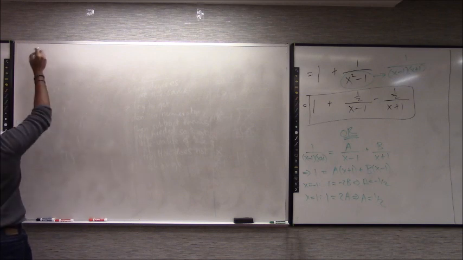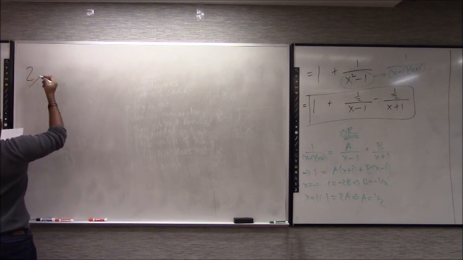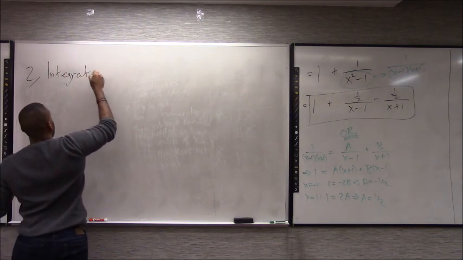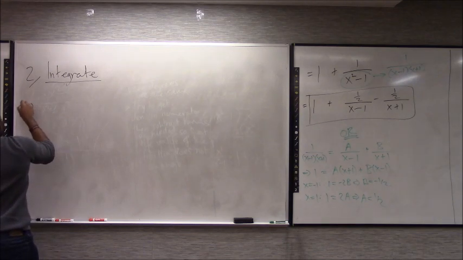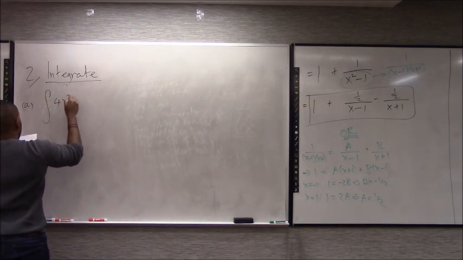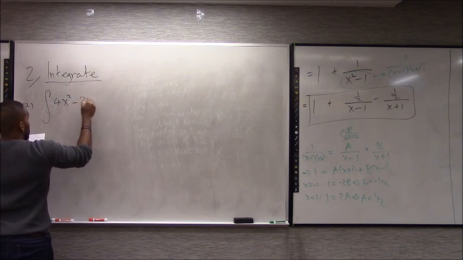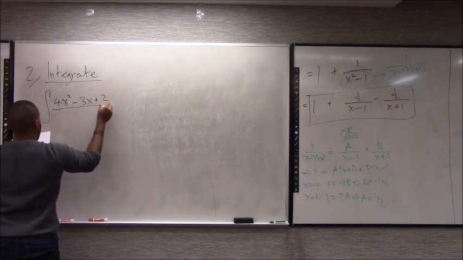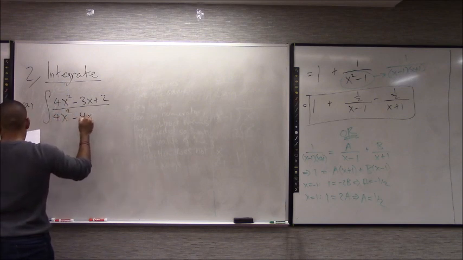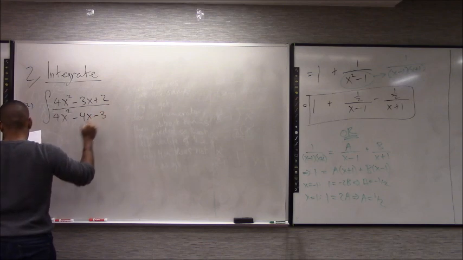Now let's actually do what we're all here for, integrate. So A was the integral of 4x squared minus 3x plus 2 over 4x squared minus 4x minus 3.